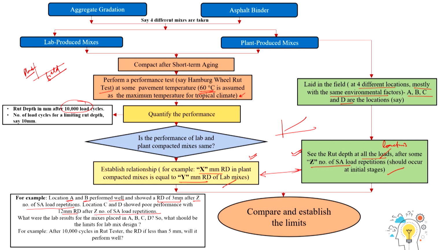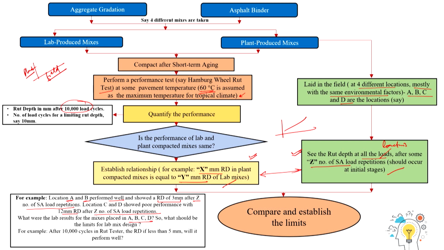So, after z number of load repetition, A and B are showing a rut depth of around 3 to 4 mm, and C and D are showing a rut depth of around 10 to 12 mm. Then I will see what the lab results were for the mixes A, B, C and D. If A and B are showing lower rut depth in the field, they should also show lower rut depth, or maybe higher resistance to rutting, in the lab.